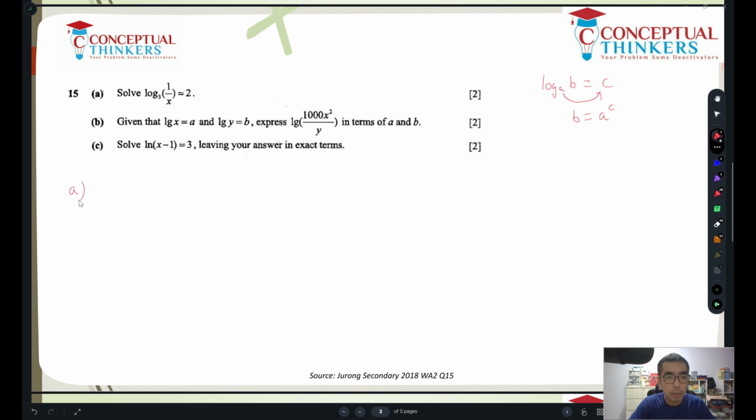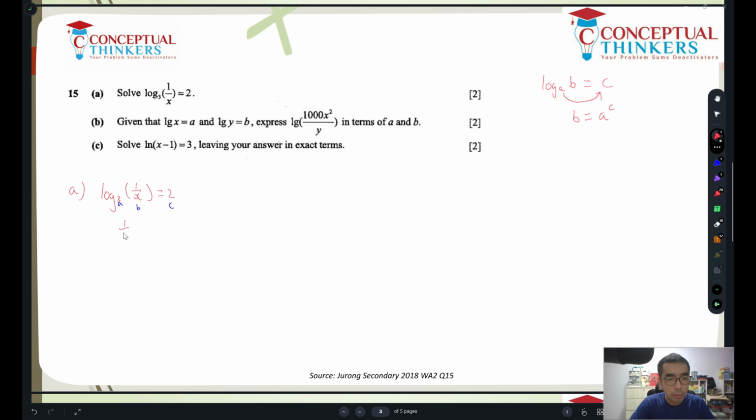Okay, so I'm going to use this rule and apply it for part A. So for part A, log base 3 of 1 over x is equal to 2. This 3 will be my a, this is my b, and this is my c. Let me just indicate so that it's easy for you to see. This is our a, this is the b, and this is the c. I'm going to shift this a up and push this 2 up as the power.